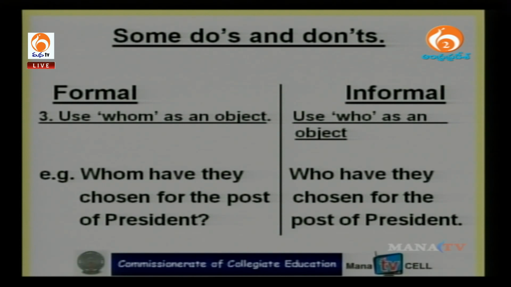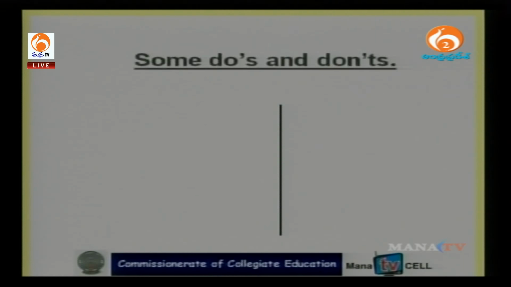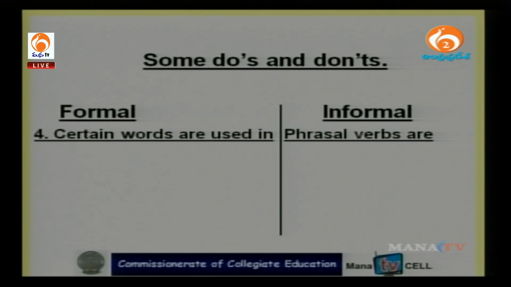So like this there are some exceptions, some facilities for the speaker in using the words and the language. Now, look at this one, formal and informal, some more do's and don'ts.